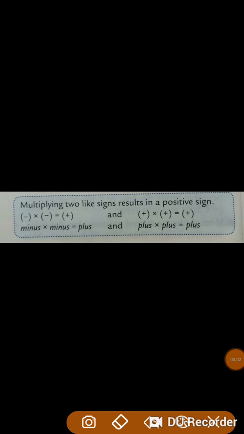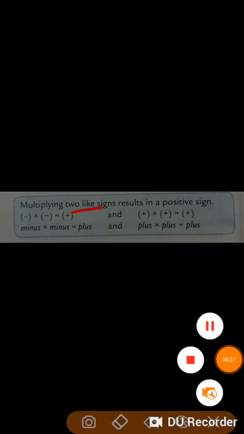We can further state this as: multiplying two integers with the same sign, or like signs, results in a positive integer always, which means two negatives will always make a positive and two positives will also always make a positive.